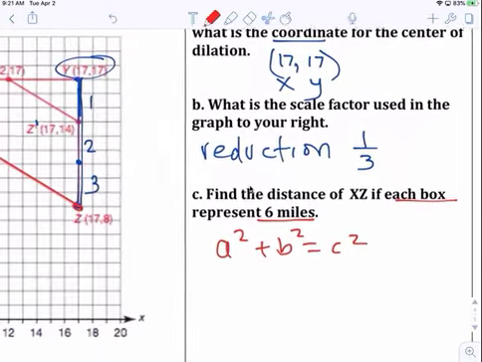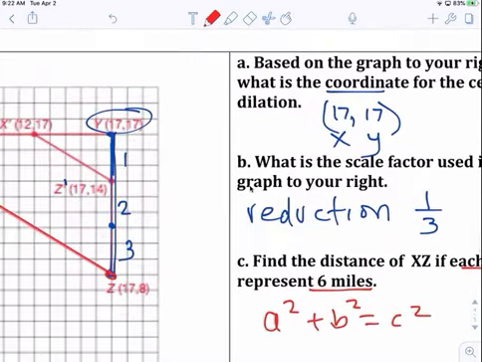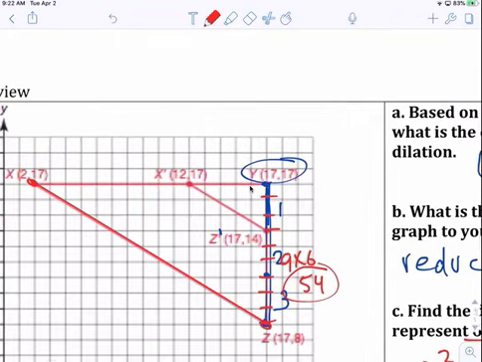Wow, okay. So this is 1, 2, 3, 4, 5, 6, 7, 8, 9. 9 times 6 is 54 for this one. Then 1, 2, 3, 4, 5, 6, 7, 8, 10, 11, 12, 13, 14, 15. 15 times 6 is 90.